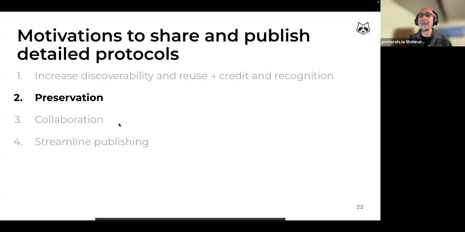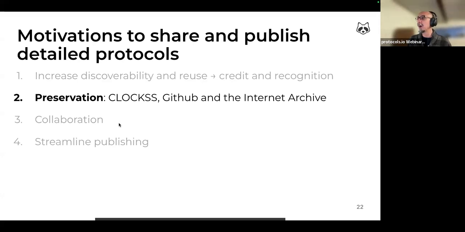Publishing your protocols makes them persistent, citable objects that will be permanently stored in your workspace as well as in the open access repository. And I should mention that all private and public content in protocols.io is mirrored and backed up in CLOCKSS, GitHub, and the Internet Archive.